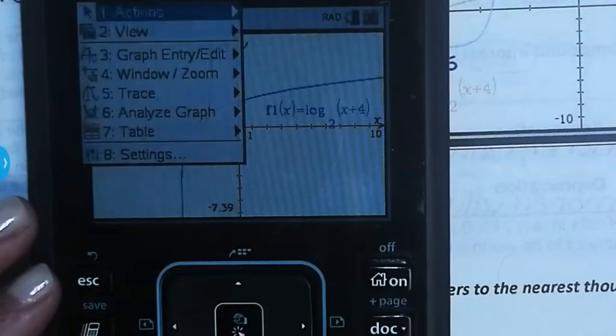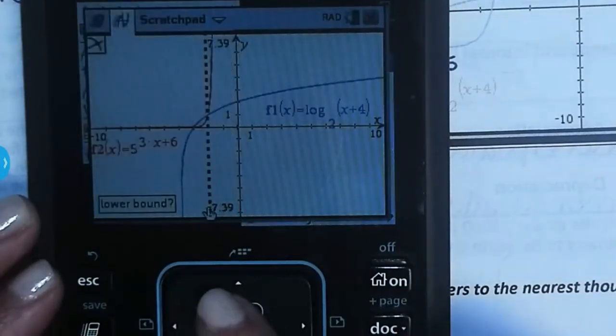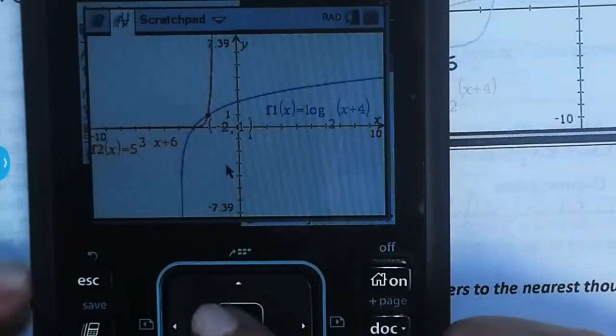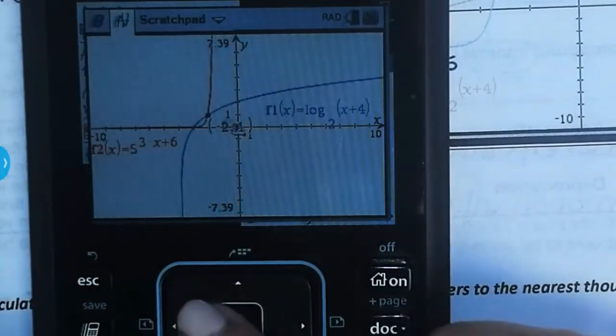Once you find the intersections. Let me move it so you can see it better.